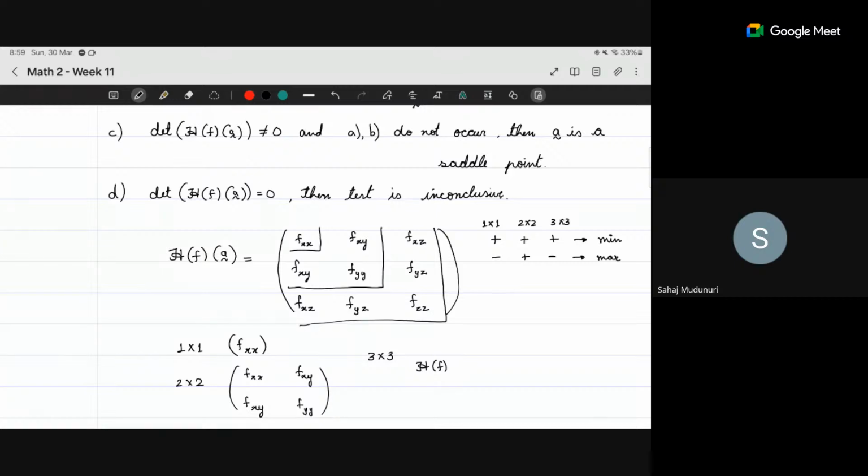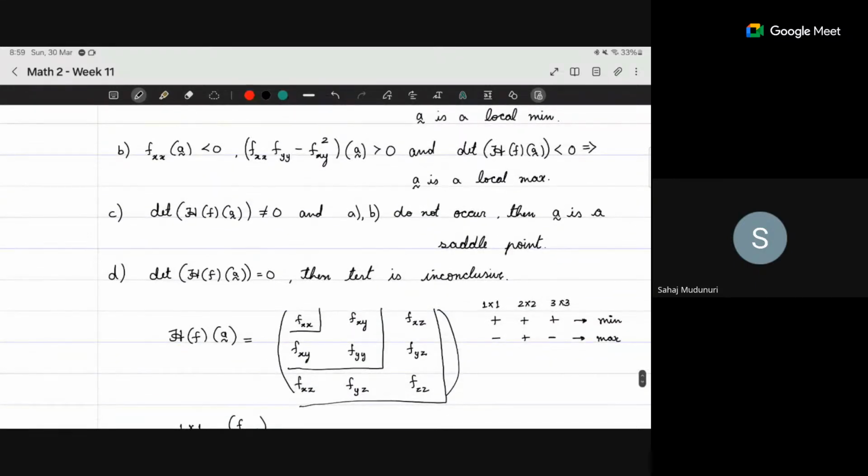Sir, (0,0) plus or (0,0) minus will be a saddle point, sir? Yes, it will be a saddle point. What I'm thinking is, can both of these, fxx and the other, be zero? Well, the rule does say that would be a saddle point.